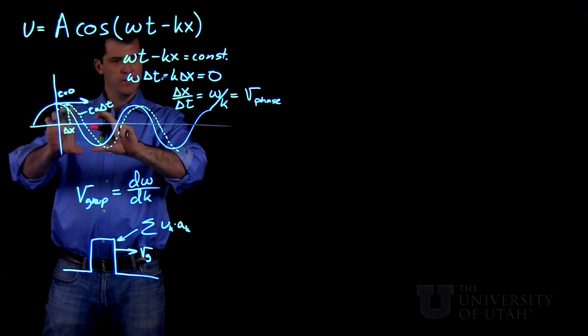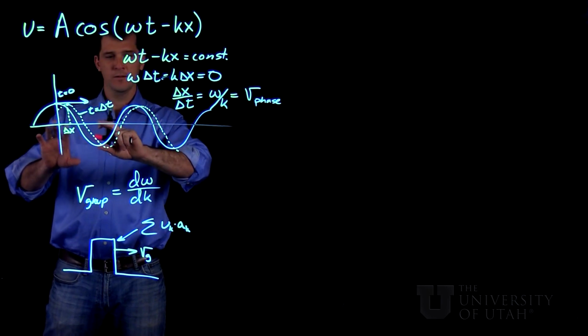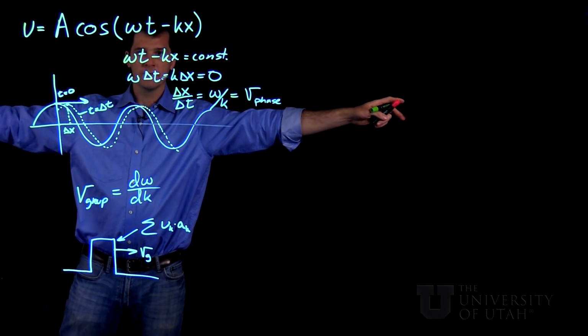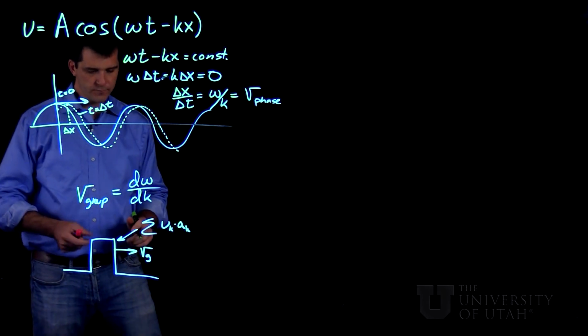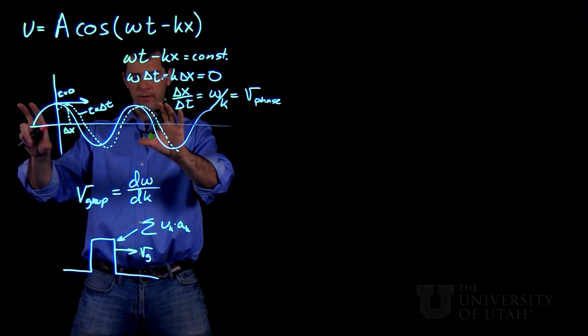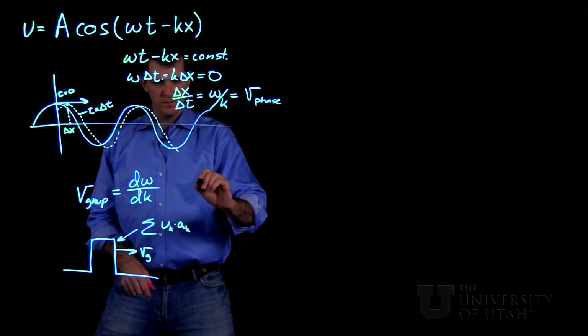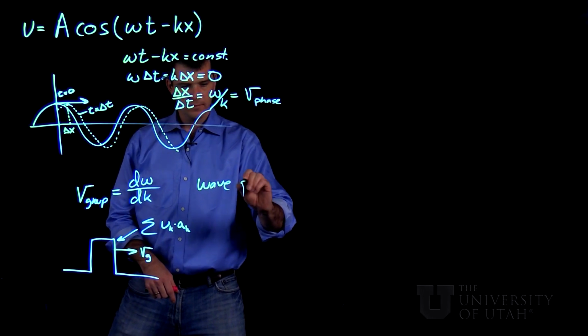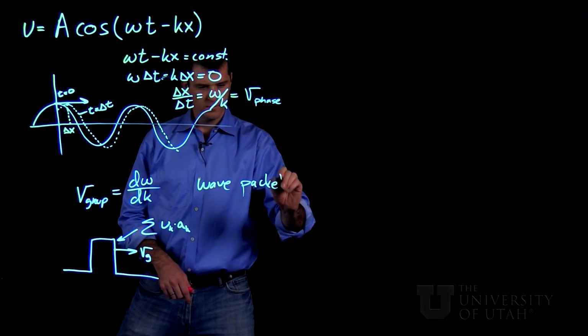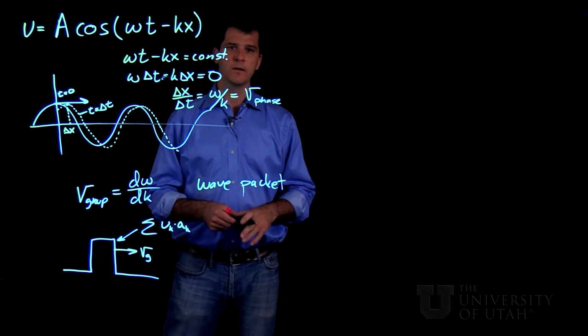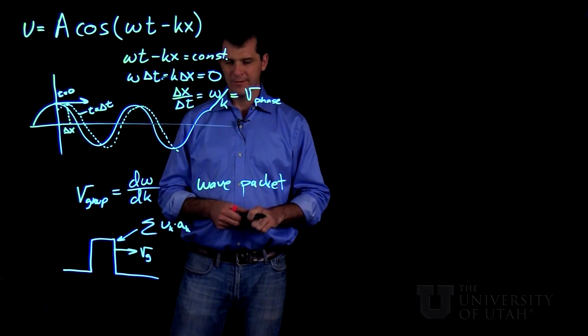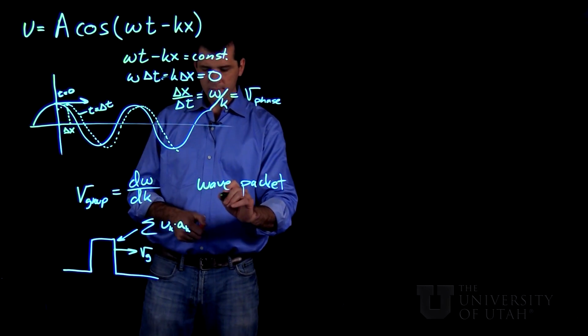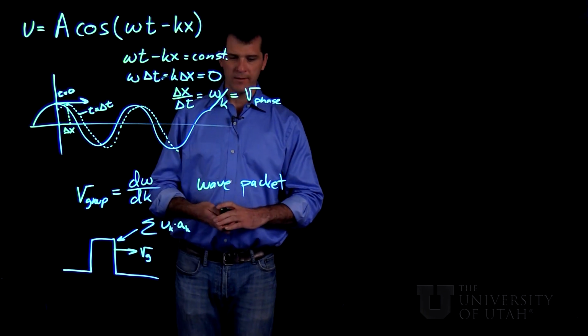And I say we don't know where it is because this cosine function extends all the way from negative infinity to infinity. So if we instead think of our electron as a wave packet, we can resolve that seeming contradiction. And that means that it'll travel at the group velocity.